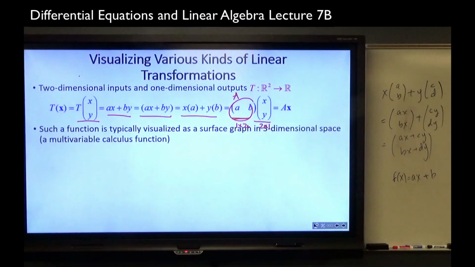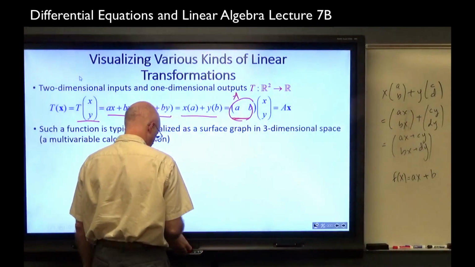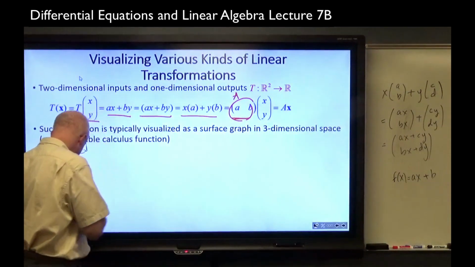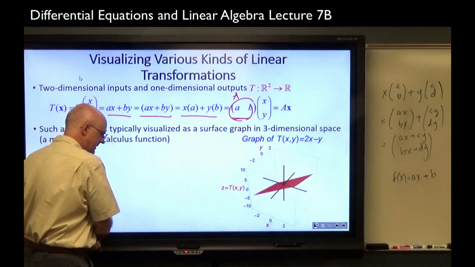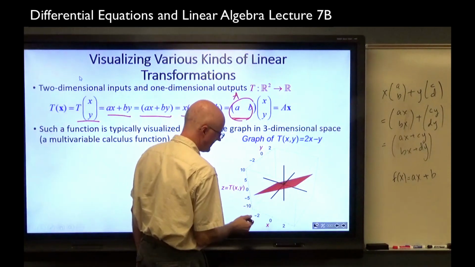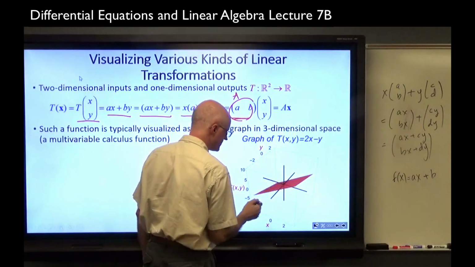How do you visualize a function like this, typically? It's going to be a surface graph in three-dimensional space. Why is it in three-dimensional space if you don't see any R3 here? Well, it's just the typical way of visualizing it, like this. So the plane, the XY plane, x goes this direction, positive direction that way, y goes into the screen, positive direction this way.